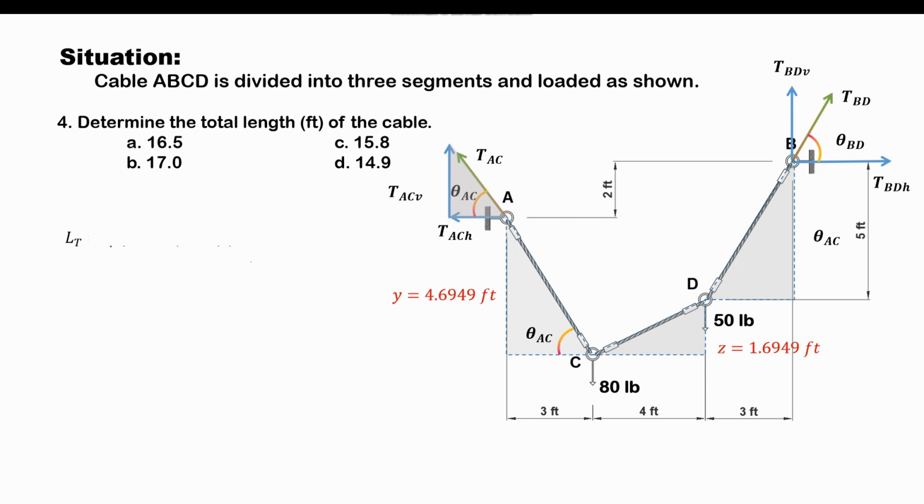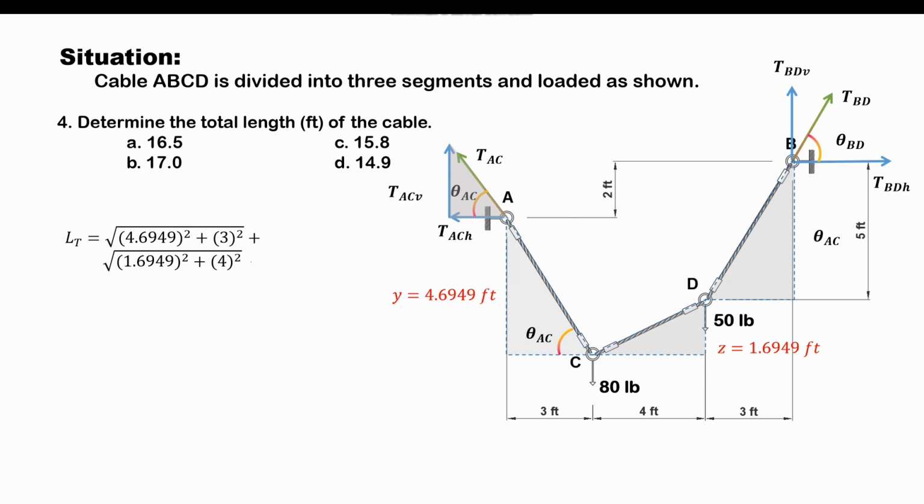By using the Pythagorean theorem, we can compute the different hypotenuse of the right triangles formed. For segment AC, that is equal to the square root of 4.6949 squared plus 3 squared. Again, this term is the length of segment AC, plus the square root of 1.6949 squared plus 4 squared.